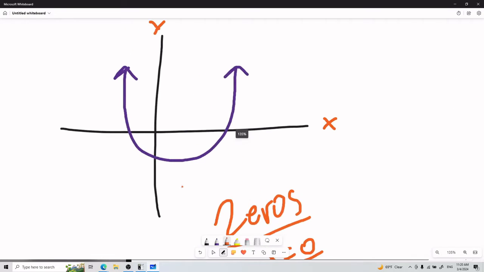So what you're technically doing is that much like we just did y equals 2 and found solutions, when you find zeros, you are drawing a line through y equals 0 and seeing where you cut x.